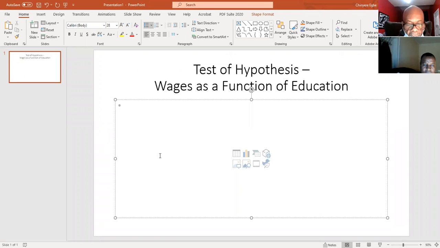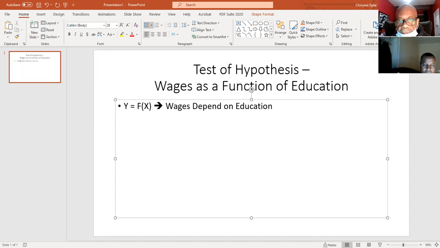So the equation will be that y is a function of x, or specifically, wages depend on education, all right? Or you can say education level.